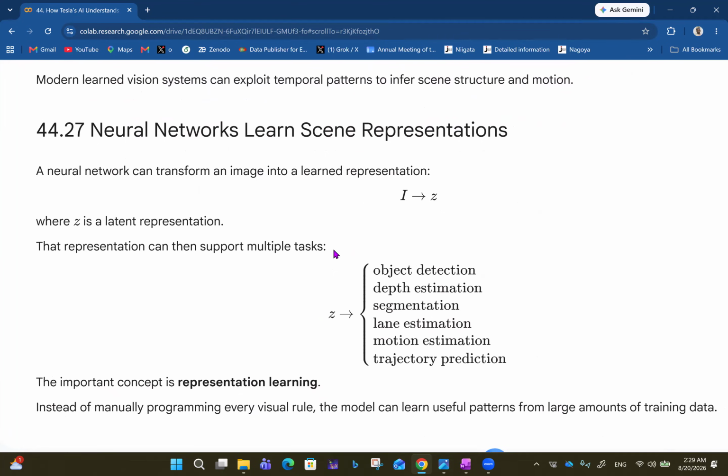That representation can then support multiple tasks, like object detection, depth estimation, segmentation, lane estimation, motion estimation, and trajectory prediction. The important concept is representation learning. It's all about representation, and you want to get the representations right to avoid trouble. So instead of manually programming every visual rule, the model can learn useful patterns from large amounts of training data.